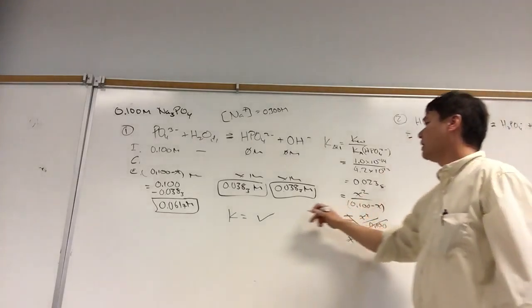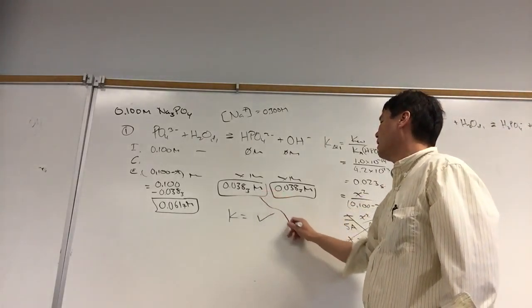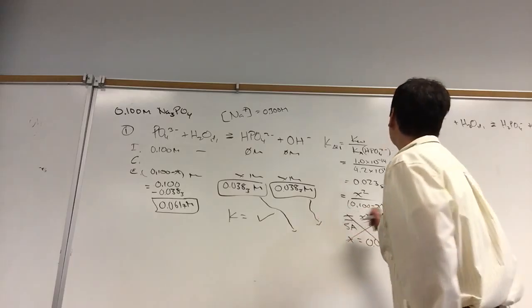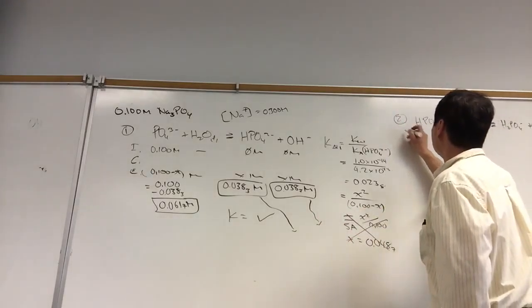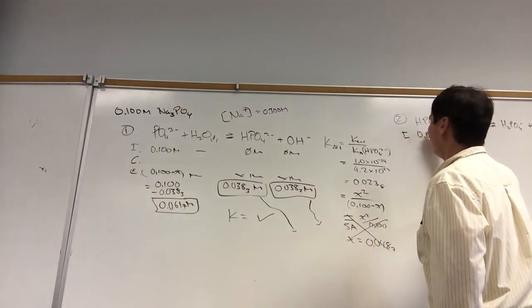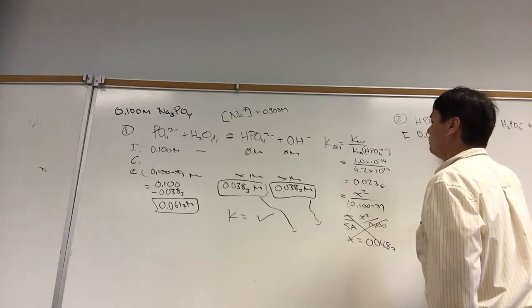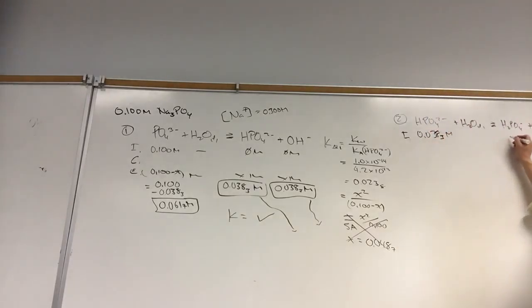Yeah, and so we just bring down this. This is the common ion effect, right? We're going to have 0.0383 molar HPO4 2-, 0 molar dihydrogen phosphate, but we don't have 0 molar hydroxide. If we had 0 molar hydroxide, this would just hydrolyze as it normally does.